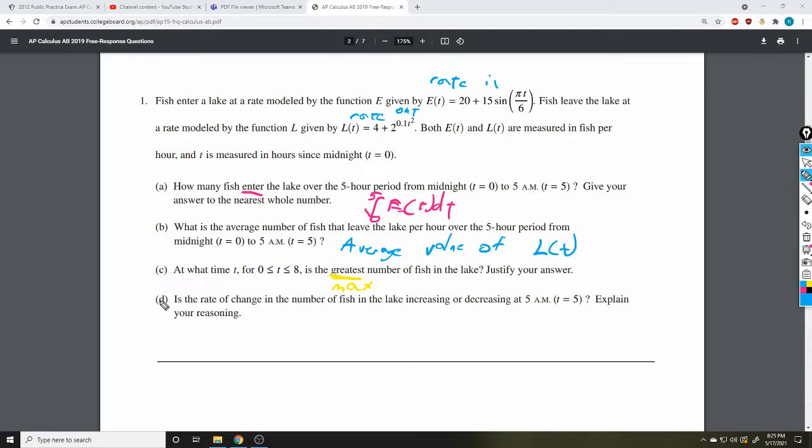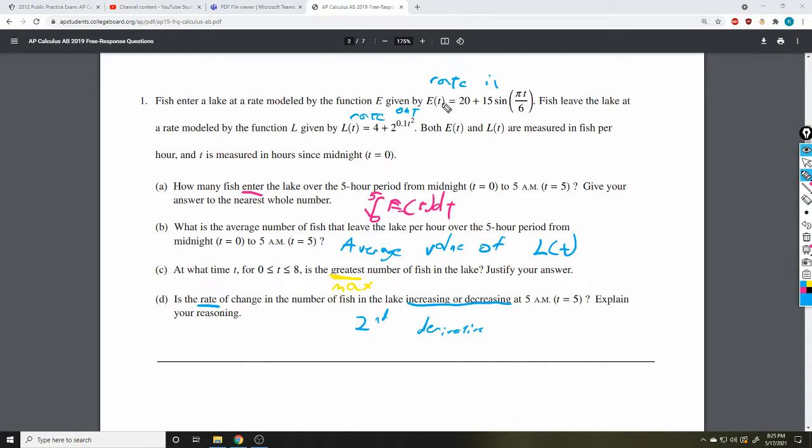And then part D is asking, is the rate of change increasing or decreasing at t equals 5? If we're asking whether a rate is increasing or decreasing, then we're being asked about the second derivative. We're being asked about the rate of change of these rate functions.